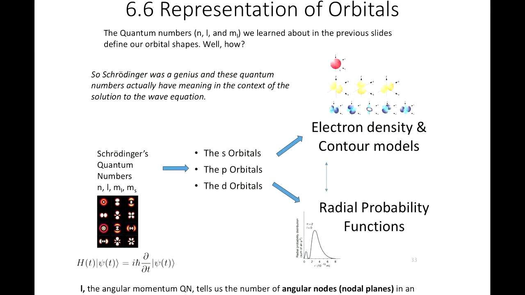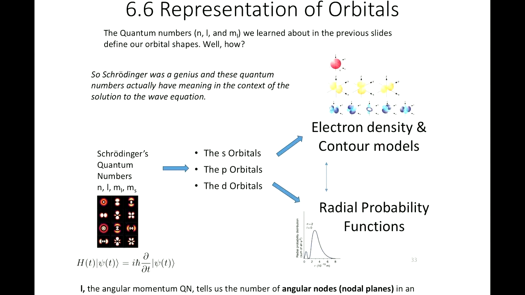Let's talk about what they actually mean, all right? We talked about the numbers, but those values give rise to the actual shapes that we see. So we're going to talk about these different orbital shapes, relate them to those integer quantum numbers, and think about them graphically: where will we find electron density based upon those quantum numbers.